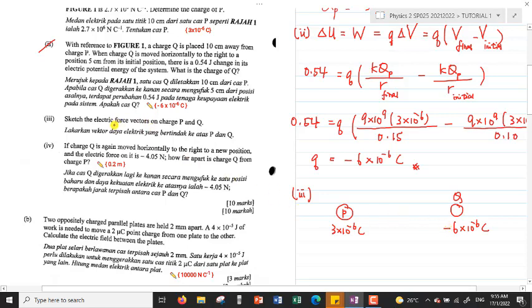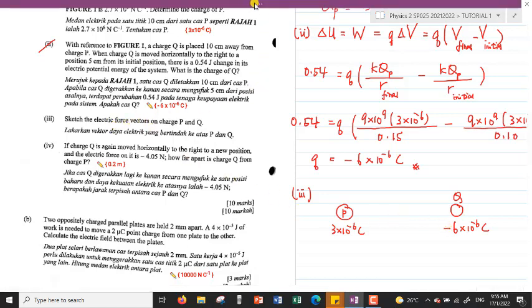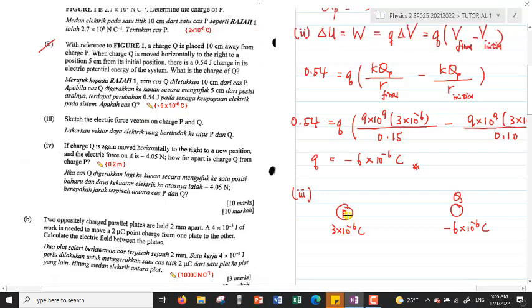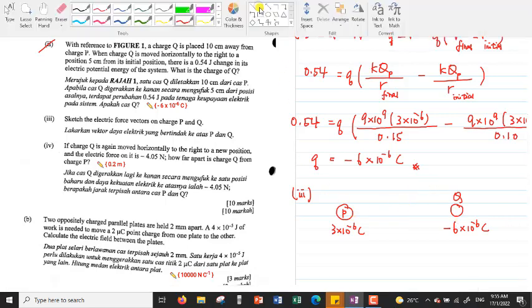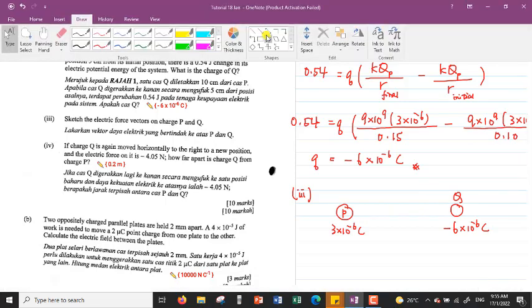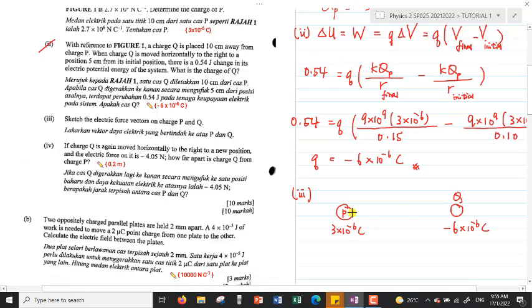So we want to sketch the electric force vector on charge P. So because charge P is positive, charge Q is negative, so charge P will feel attraction force. So charge P akan rasa attraction force towards charge Q.